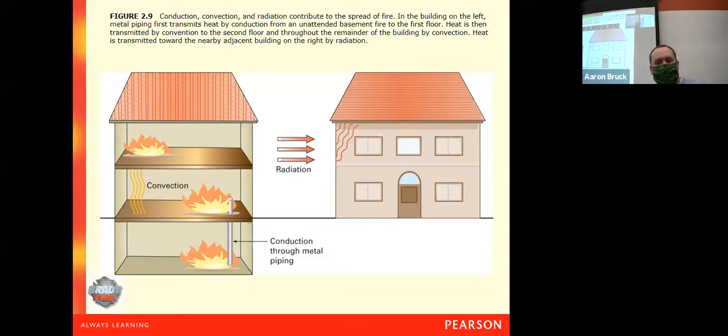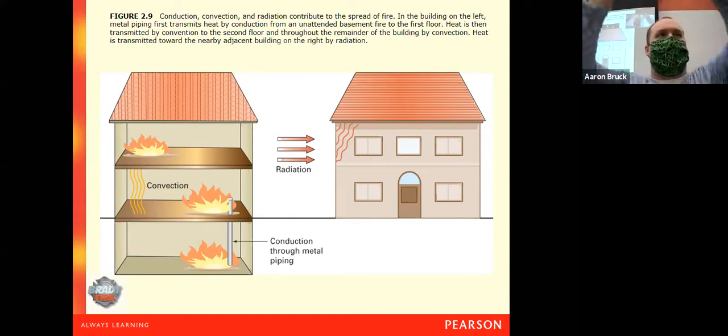In a house or a building fire, convection is by far the much more dangerous proposition because you've got a literal container. You've got a floor above you in the form of a ceiling. And so as that heat starts to rise, it hits your ceiling and starts to radiate down.